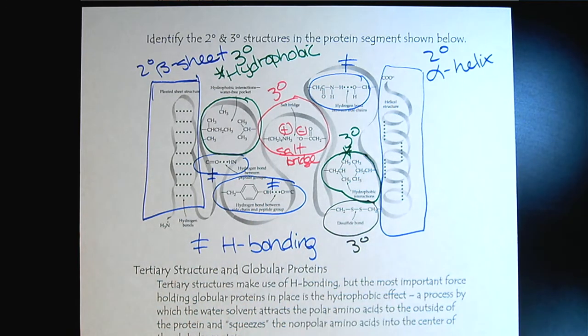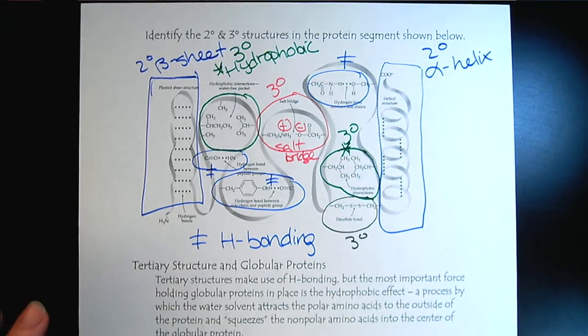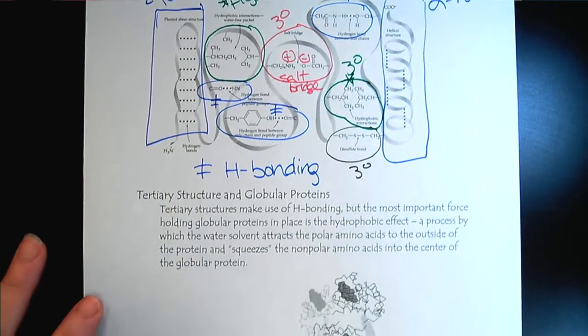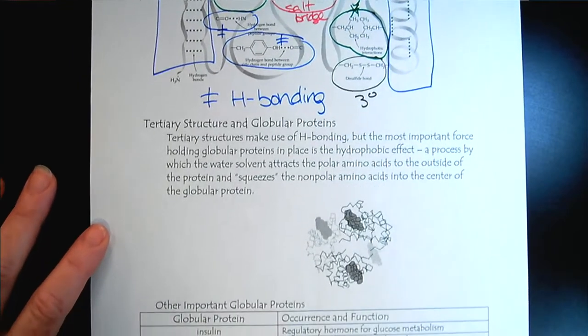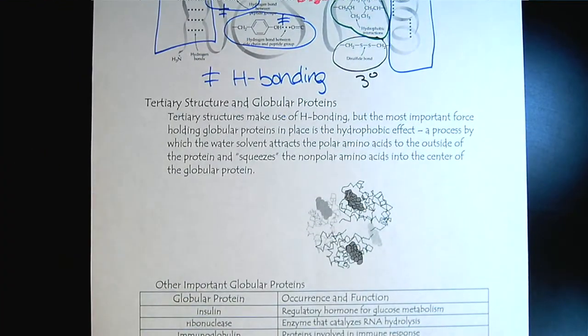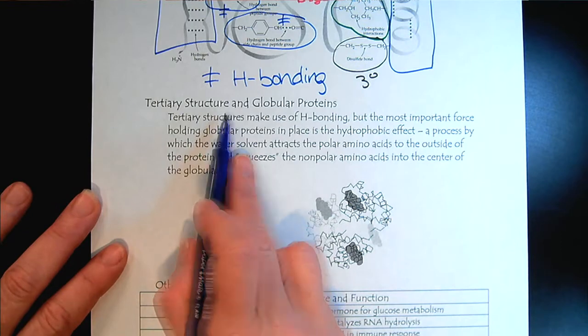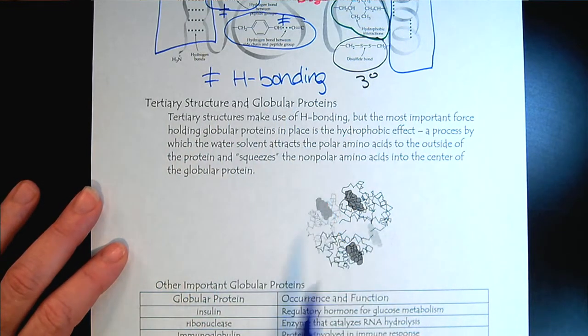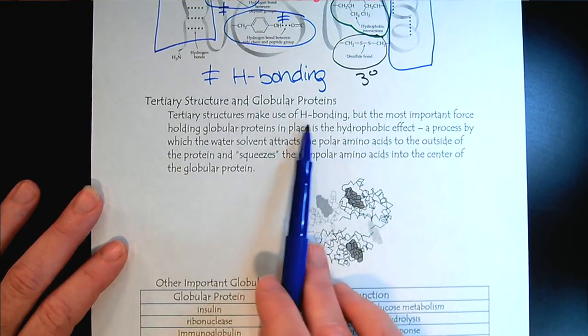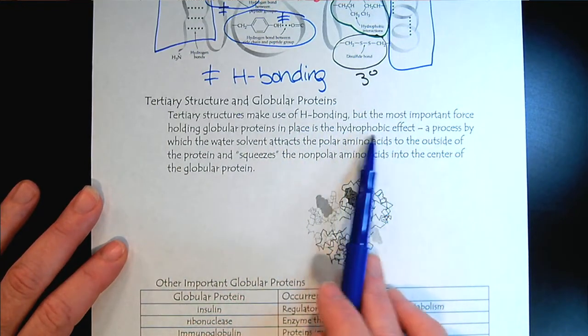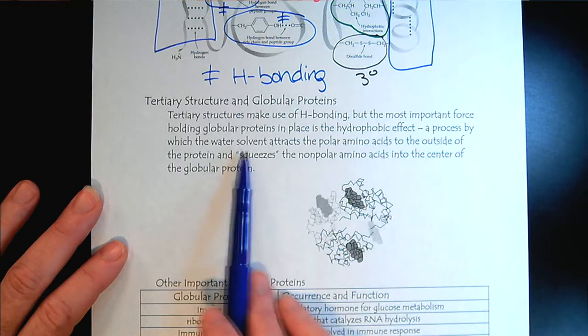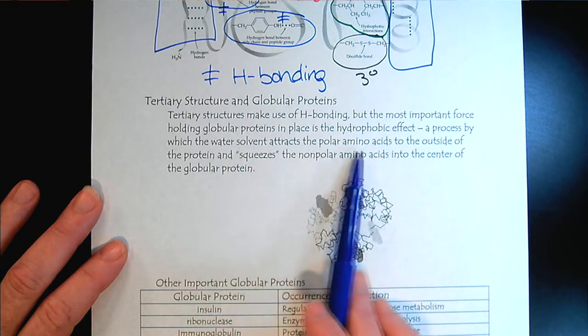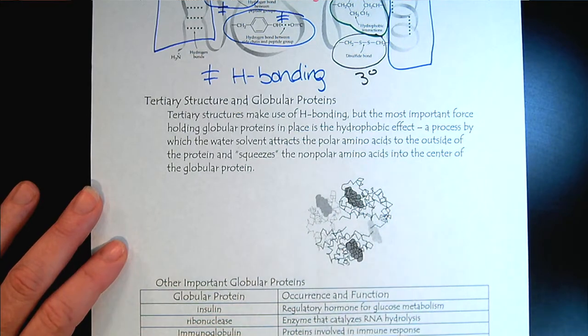Alrighty. And then one last little bit about tertiary structure. Where secondary structure was very important for fibrous proteins, it's the tertiary structure that's important to globular, or the more interesting part of globular proteins, because the hydrophobic effect is the process by which the water solvents attract the polar amino acids to the outside, right?